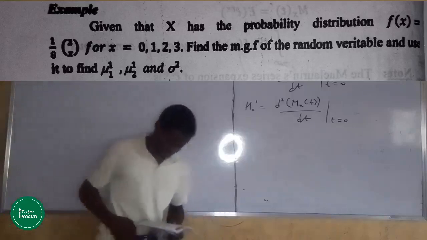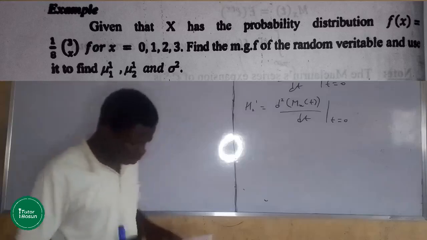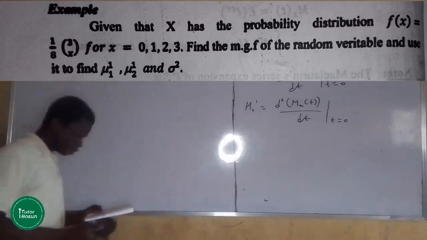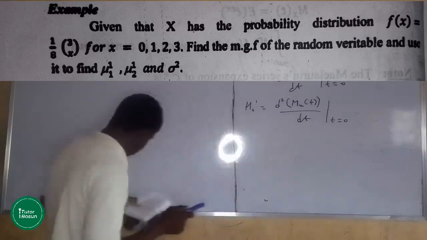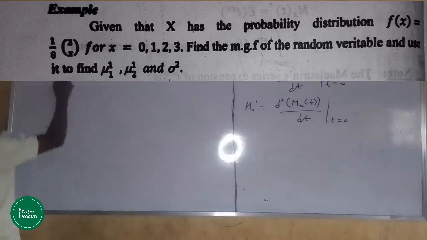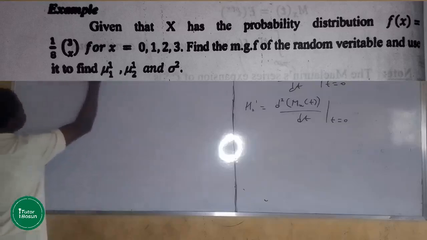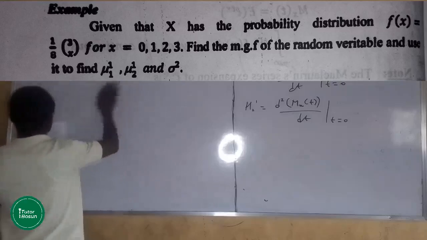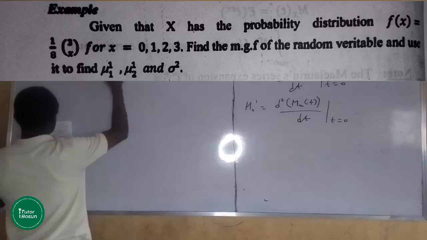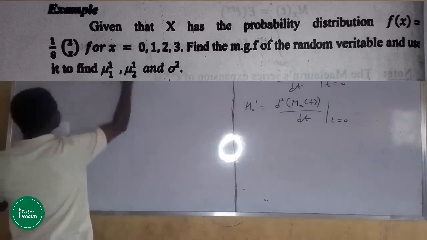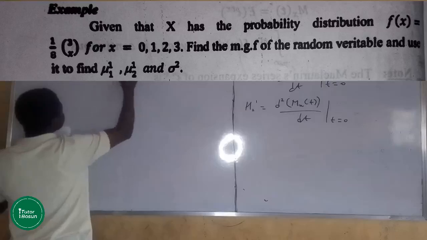This example says, given that x has the probability distribution f of x equals 1 over 8 into 3 combination x.